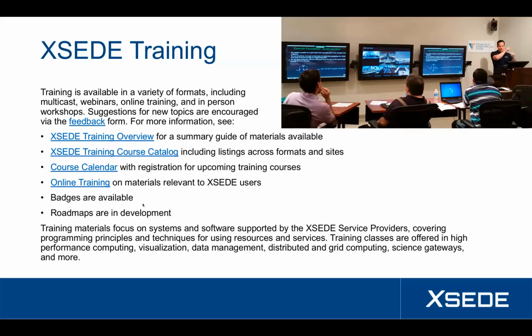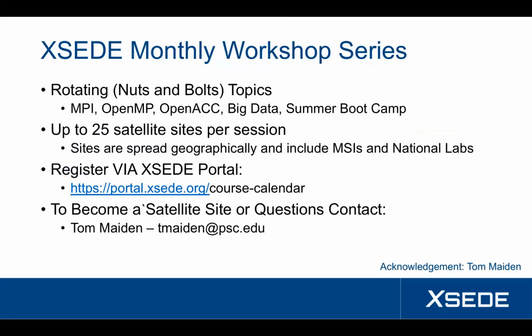So this slide shows the most high-level overview of what the training group provides and does, and now I'll go into a little bit of detail. The main live workshop that the training group provides is run by John Urbanek and Tom Maiden at the Pittsburgh Supercomputing Center.